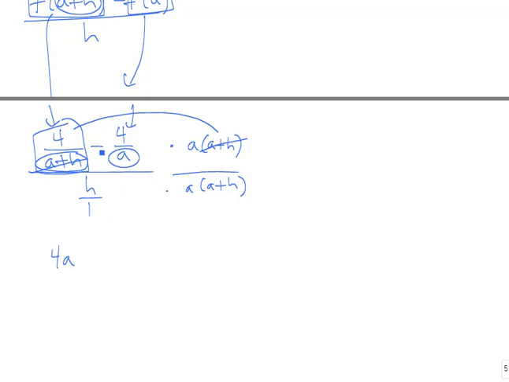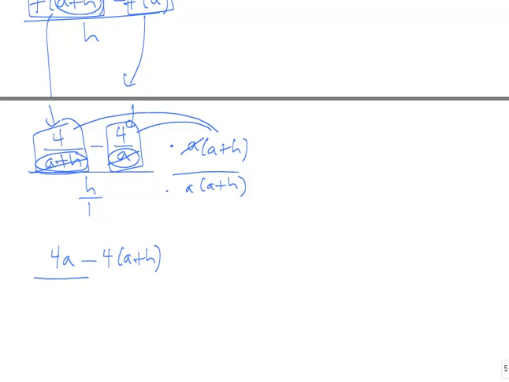Then we're going to have our minus sign, and now we're going to take our second fraction, 4 over a, and when we multiply that across, the a in the denominator cancels with this a, so we're left with our 4 times parentheses a plus h. So all these denominators down here disappear.